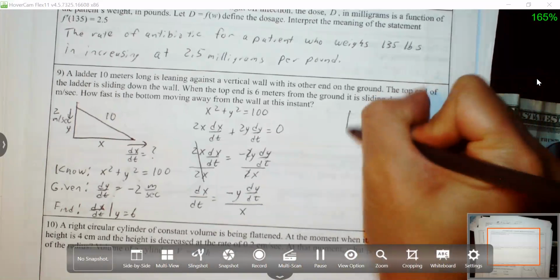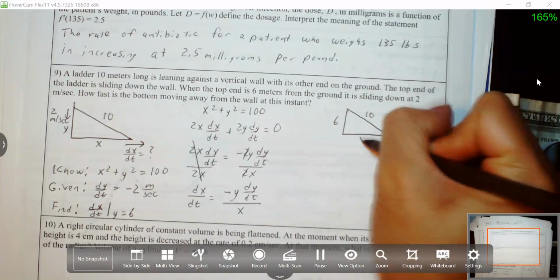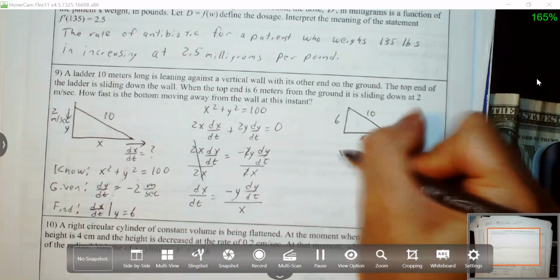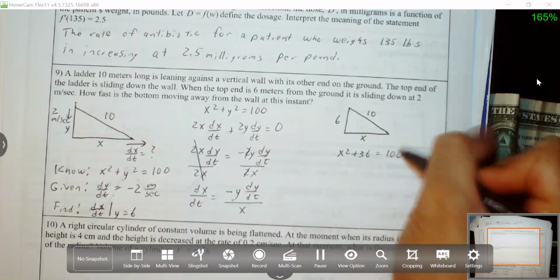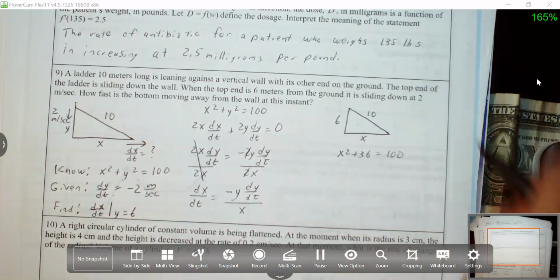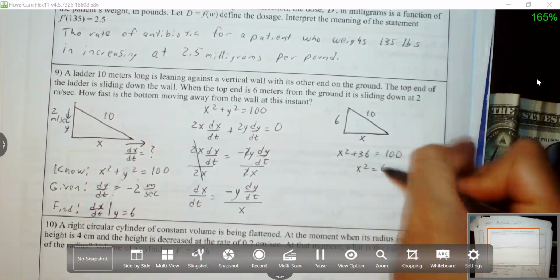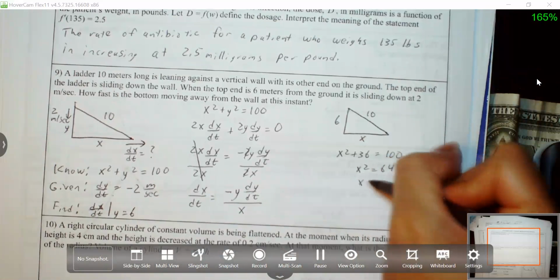So what happens if I have a right triangle? And at this specific moment, this is 6, this is 10, and we are trying to find x. So I have x squared plus 36 is equal to 100. Remember, a squared plus b squared equals c squared. I have x squared is equal to 64. And so that means x is equal to 8.